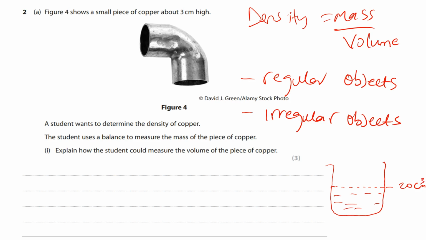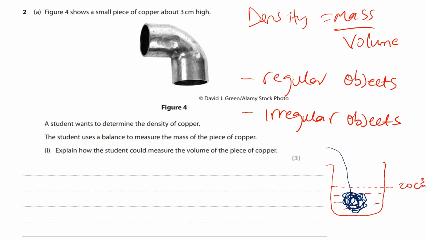Now you take your irregular object, let's say a stone. You attach a thread to the stone and then dip it inside the beaker of water. What happens is that the level of water will rise.